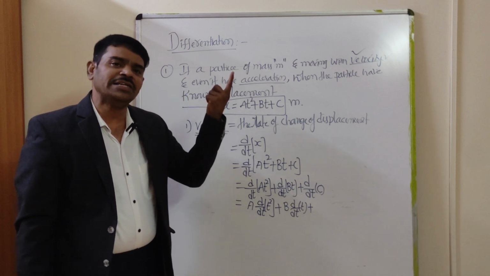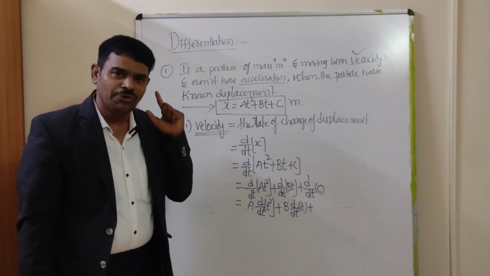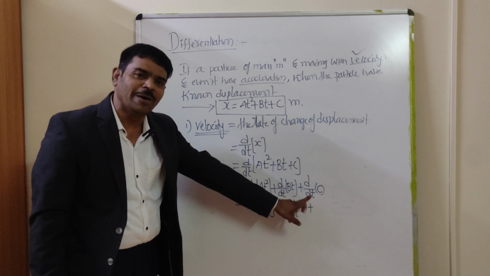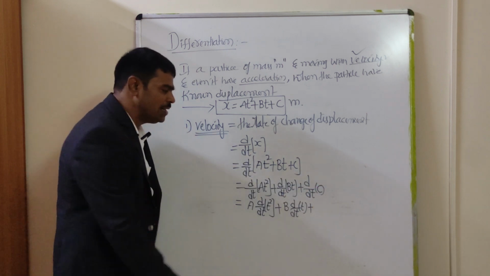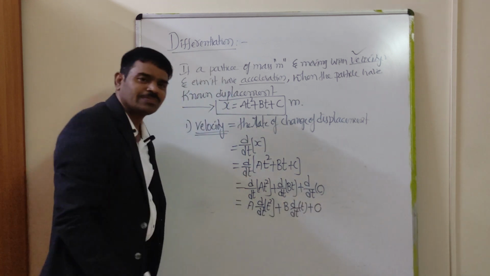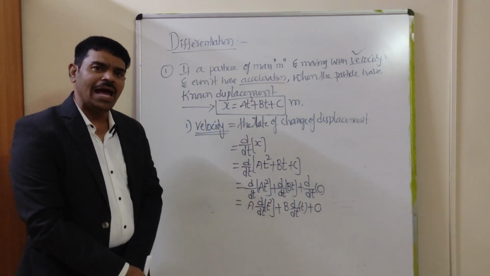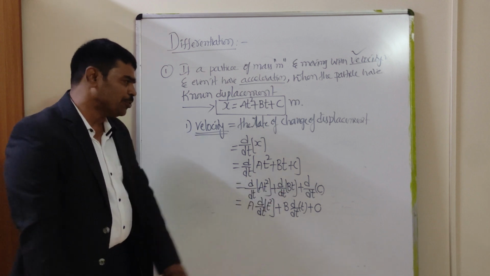Other than the differentiation main formula, you have to remember this particular formula. d by dt of a constant alone is 0.